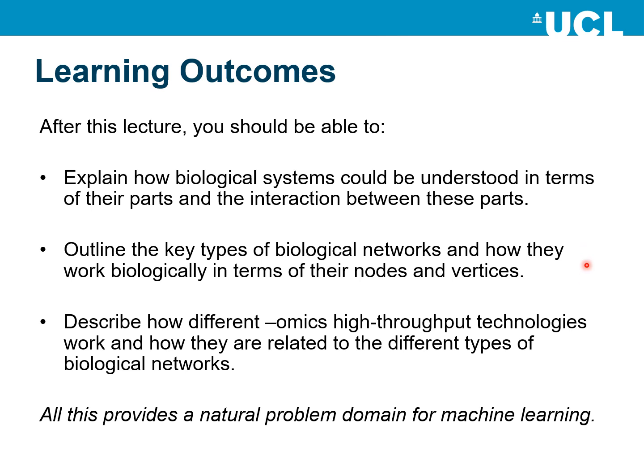You'll be able to outline the key types of biological networks involved in the cell and how they work in terms of the nodes and the vertices of those networks, and describe how omics high throughput technologies work and how they relate to understanding the biological systems. All of this is a natural domain for machine learning, as I hope this first example indicated.